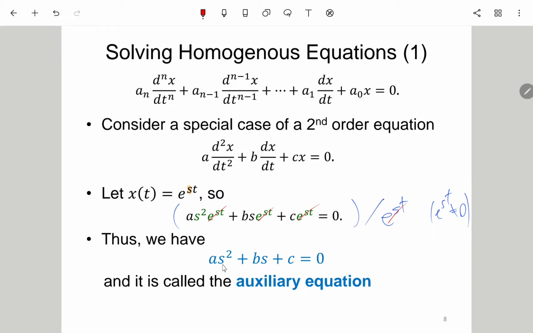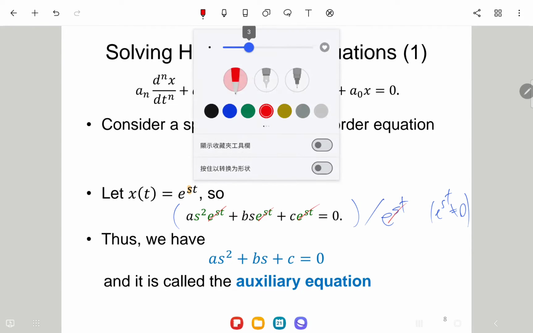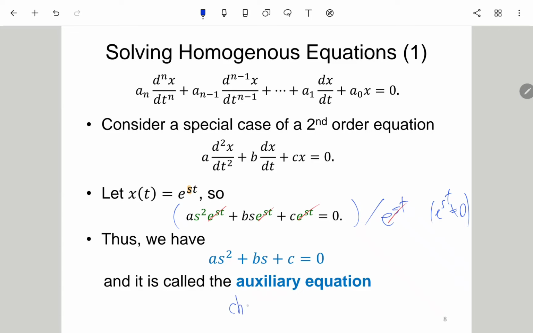S is an unknown variable, and a, b, c are the coefficients, which are known at the very beginning. So finally we have a second order constant coefficient ODE turned into a second order algebraic equation. We call this the auxiliary equation, or in some textbooks, the characteristic equation.